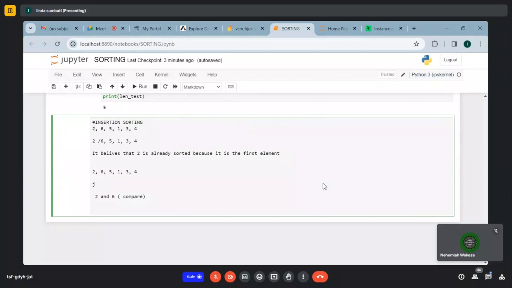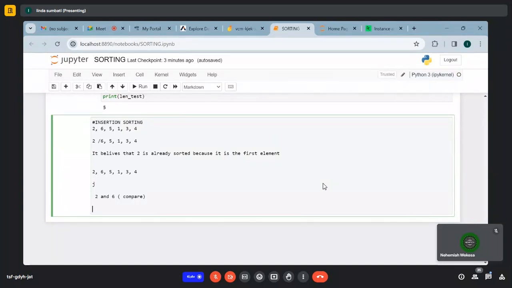Okay, Linda. Yes? Then that means from the way you are explaining the insertion sorting, the first element, it usually assumes that it is sorted. Exactly. But the second, it's not sorted, it believes it's not sorted. Yes, it's an assumption. Exactly. So it will go to the next element.